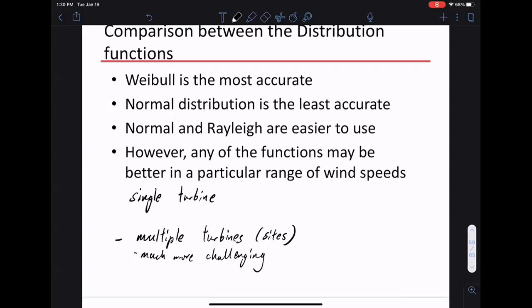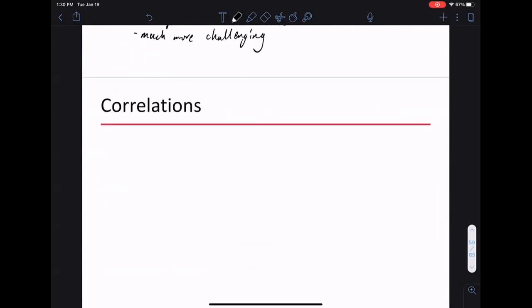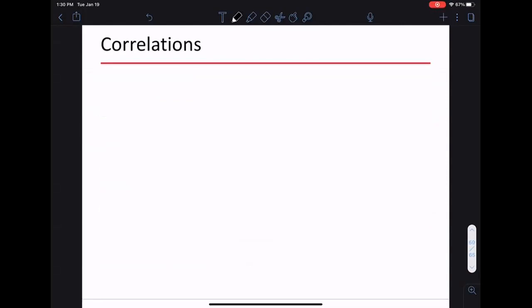The reason is you don't have a single function describing it anymore. You cannot just worry about how likely one turbine is to produce some value. Now you have to worry about correlations. That becomes much harder to deal with.